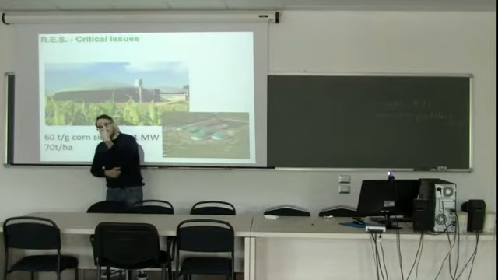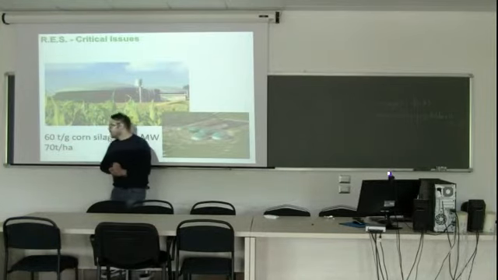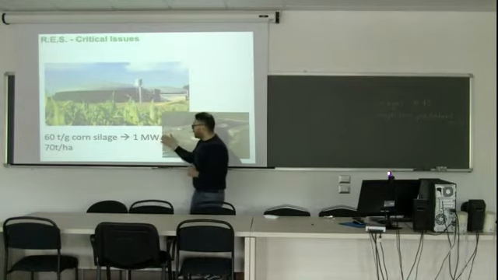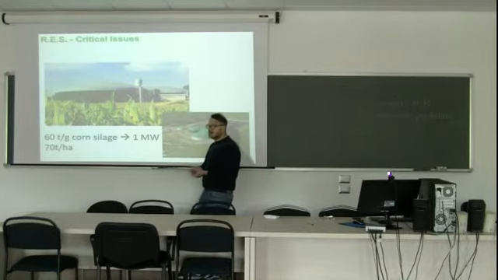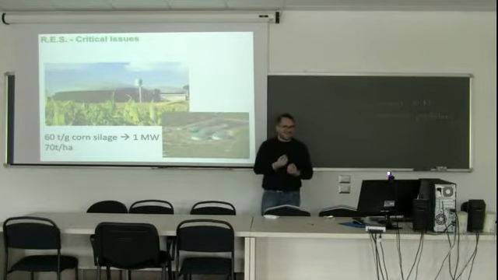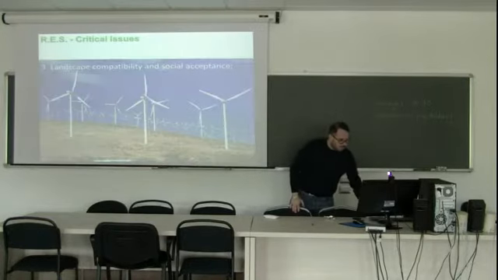So we need 1 hectare per day. So for 1 megawatt to work every day, we need 360 hectares. It's a very big surface used to produce energy. It's also an ethical problem.